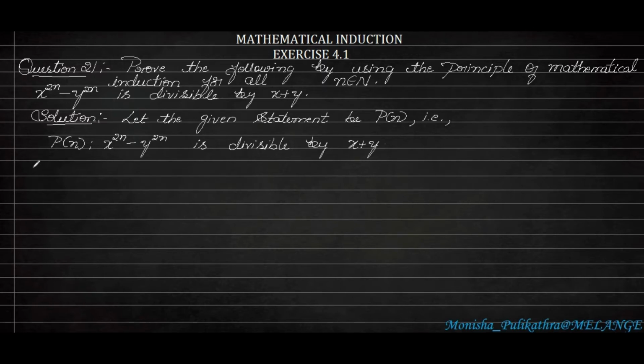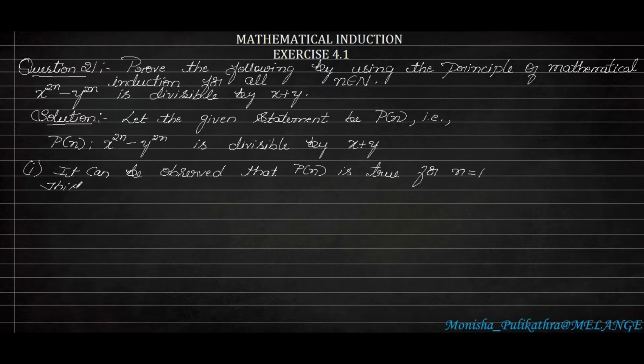The first step is we have to substitute 1 in the place of n, so that we prove that for n equal to 1 this statement is true. It can be observed that P of n is true for n equal to 1.